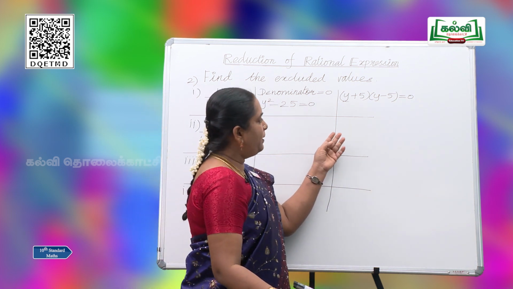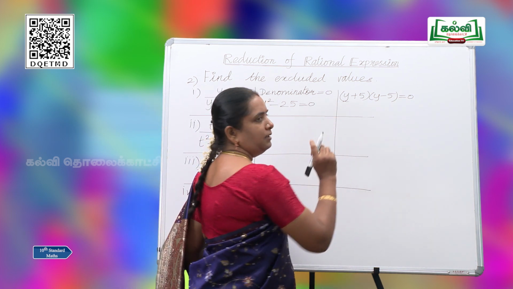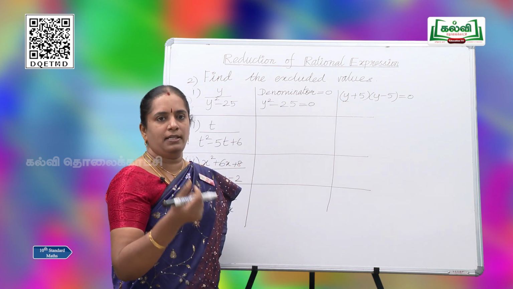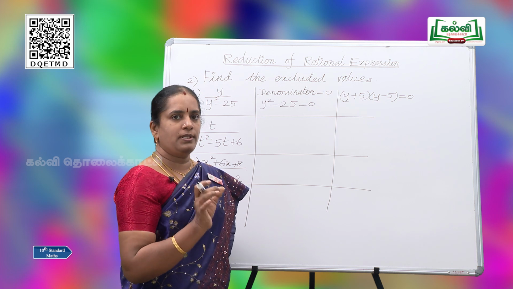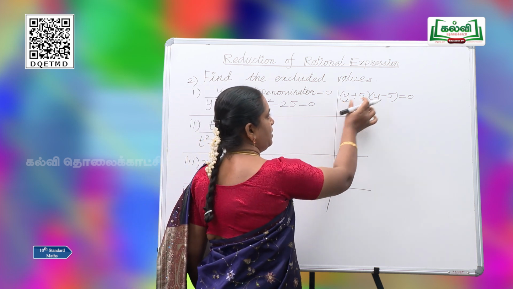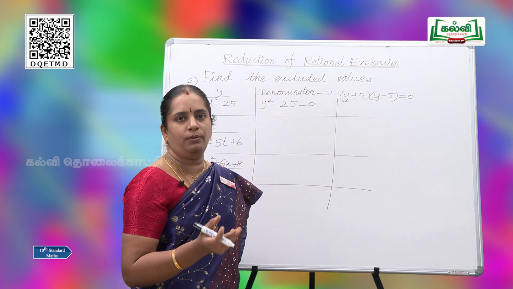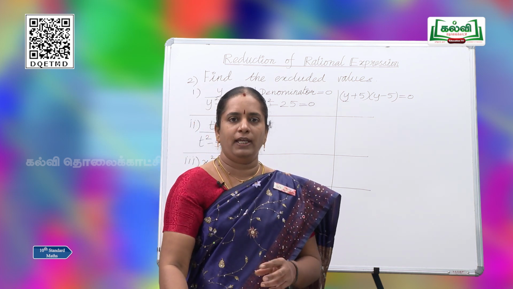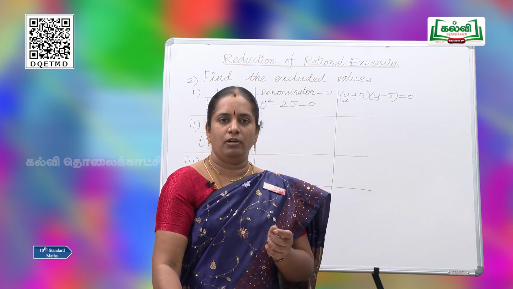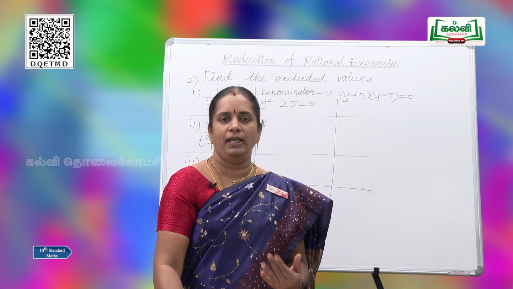See, a product of two expressions is equal to 0, when will it be equal to 0? Either this expression or this expression may be 0. So, what I say is, if a into b is 0, we can say that either a or b or both will be equal to 0.